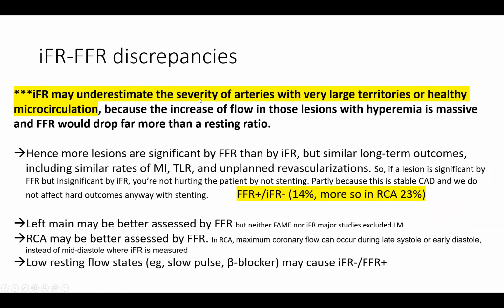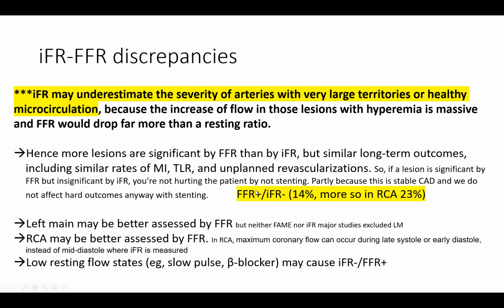So iFR may underestimate the severity of arteries with very large territory or healthy microcirculation because the increase of flow in those lesions with hyperemia is massive, and FFR would drop far more than a resting ratio. Hence, more lesions are significant by FFR than iFR, but with similar long-term outcomes. So if a lesion is significant by FFR but insignificant by iFR, you're not hurting the patient by not stenting.